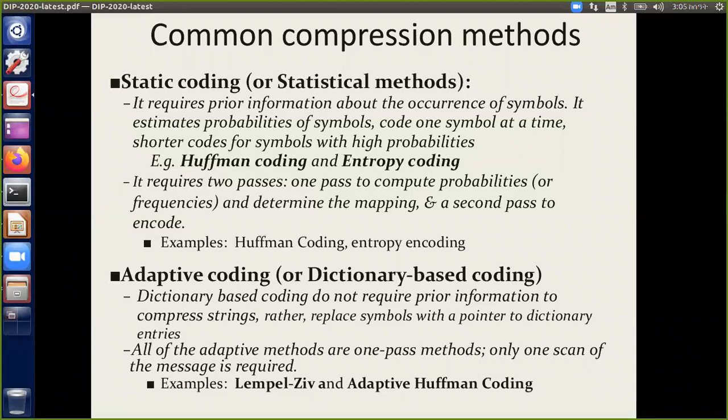So the data should be compressed while it is appearing in our output devices. For that, adaptive codings follow just one step. While the data is appearing, without any statistical information, it has to be compressed immediately. For that, there are algorithms like Lempel-Ziv or adaptive Huffman coding.